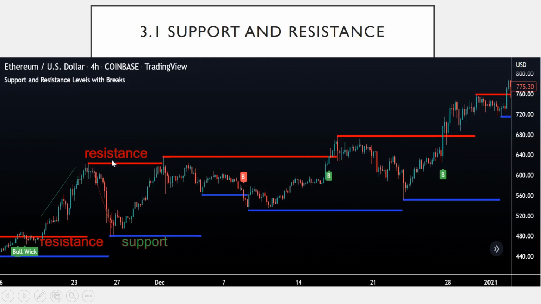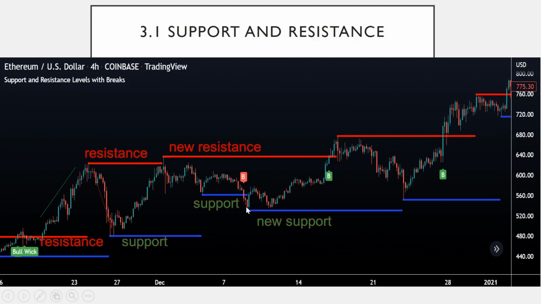It broke this previous resistance and it went up here to form new resistance. It went sideways till it found support here. So it found support here and broke support here, and went down to find new support here.